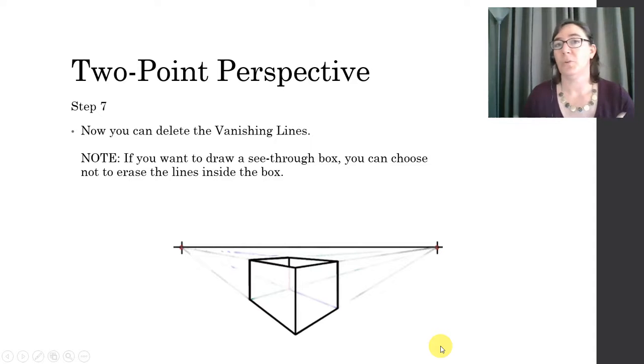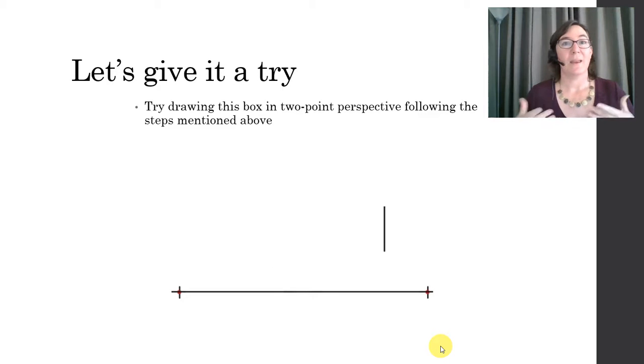You can choose to have an open top, an open side, maybe an all closed box. Any of those works for your design. Next, why don't you try this same procedure with a box that's above the horizon line. See if you can follow the same steps.